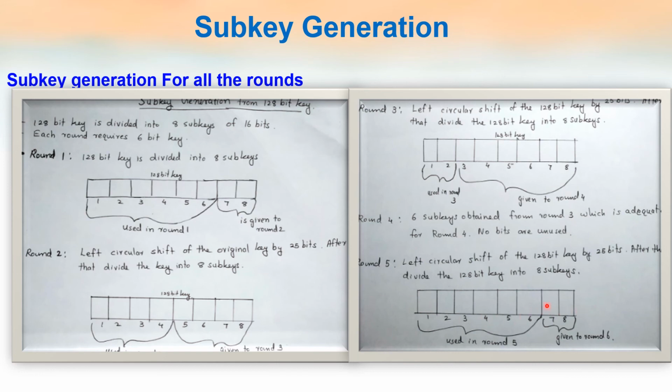This round requires 6 subkeys, so round 5 takes 6 of these subkeys. Again 2 subkeys are unused, which will be given to the next round, round 6.